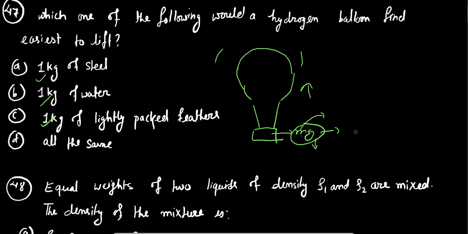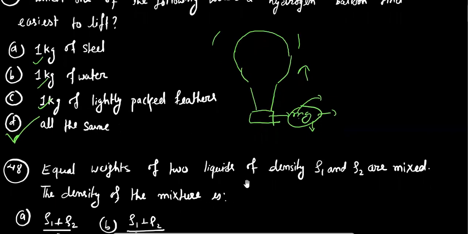Finally we can say that the objects like steel, water, or lightly packed feather all will have the same kind of weight. So the balloon can lift all of them equally in an easy way. Okay, so option D is the correct option, all the same.